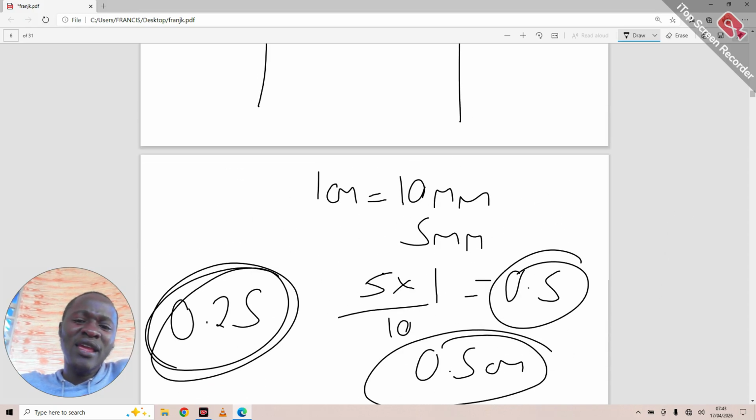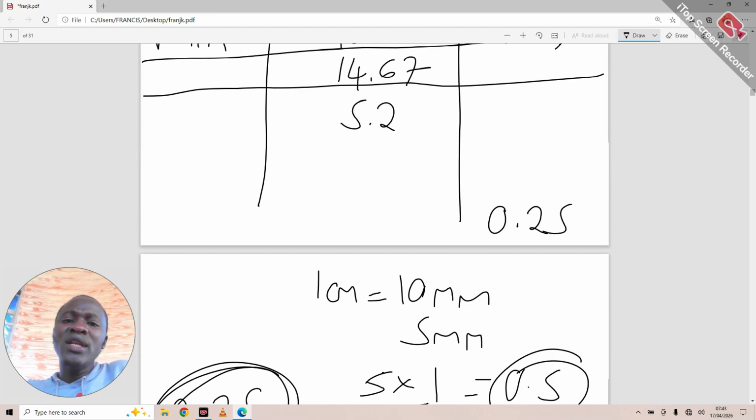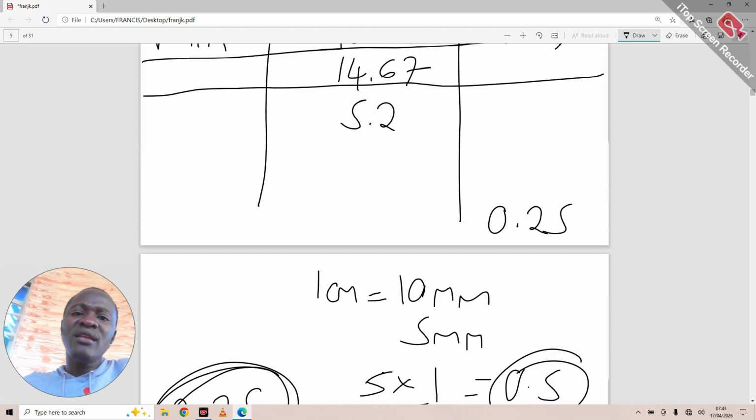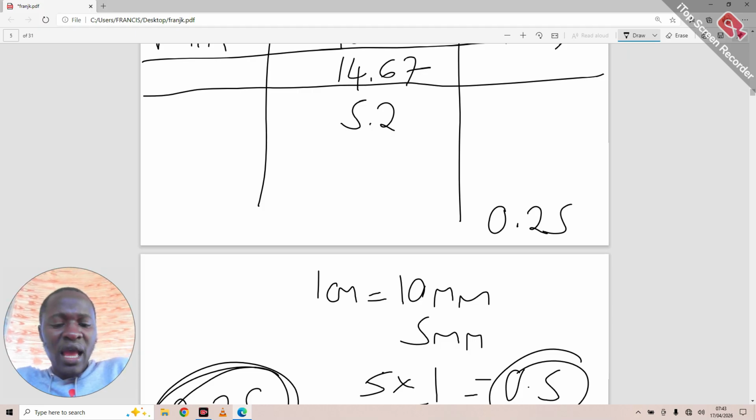What is my absolute error? 0.25. For a student who will not understand, let me use 14.67. 14.67 has an accuracy of 0.01.